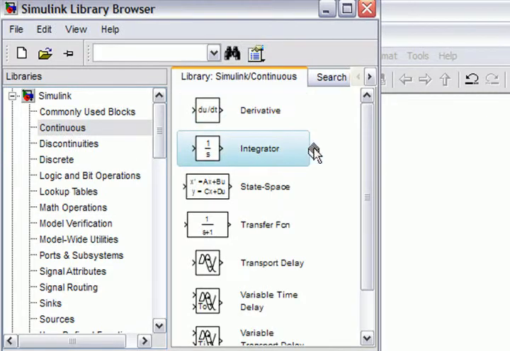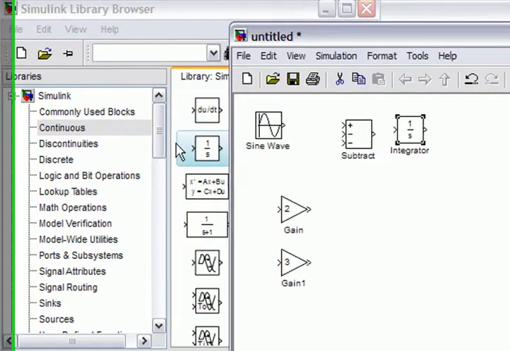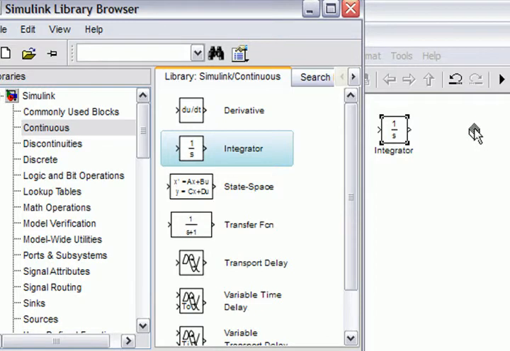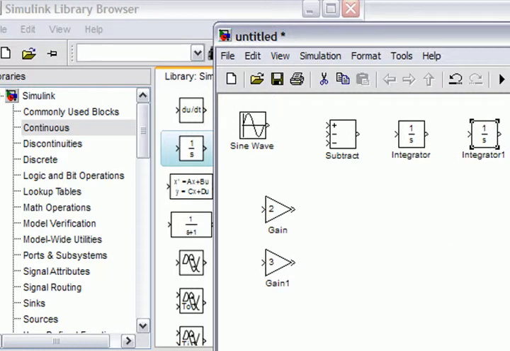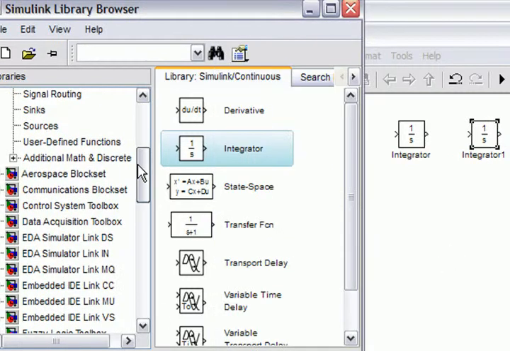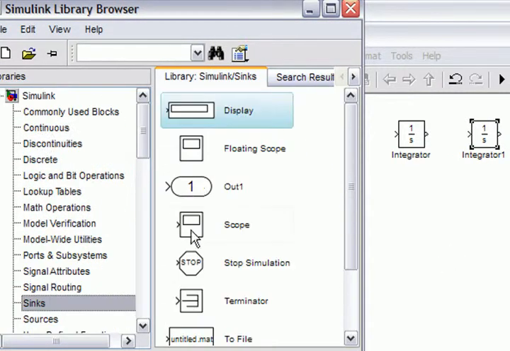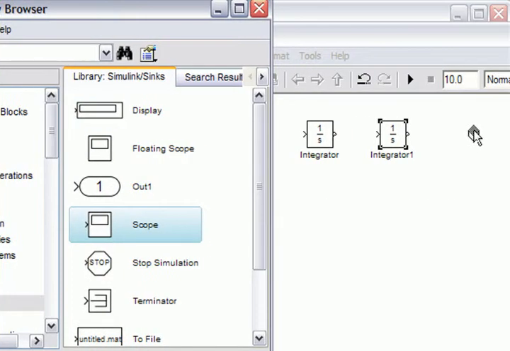Let's put two integrators from a continuous library and the scope block from the sinks.